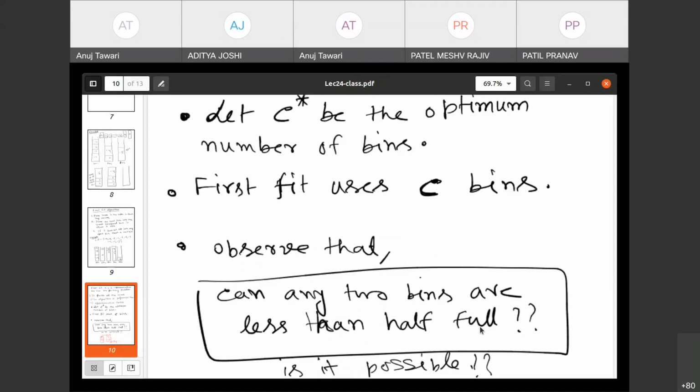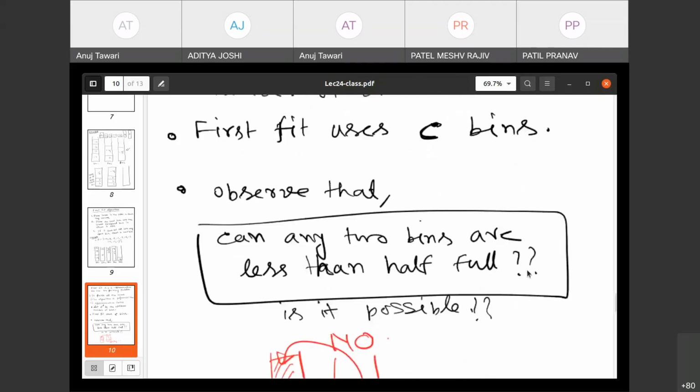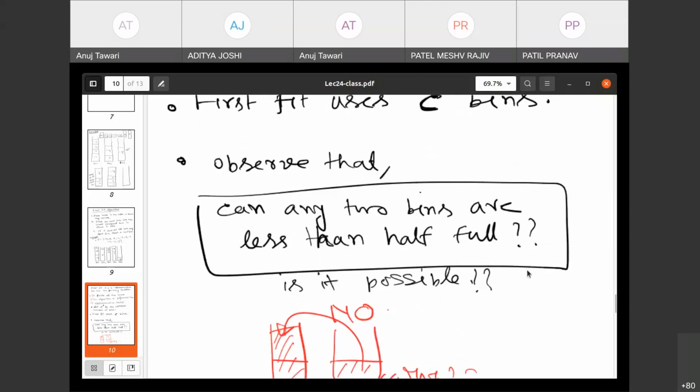One can notice that it will never happen, because if that was the case, then you would have just put it in the lowest numbered bin among these bins, and then one of the bin's contents could be put in another bin. So this is never possible, that 2 bins are less than half full.